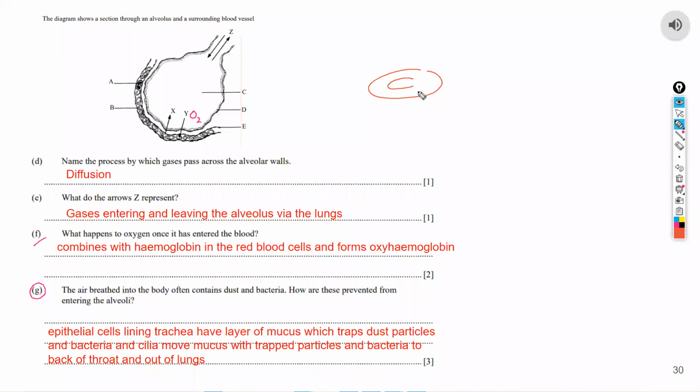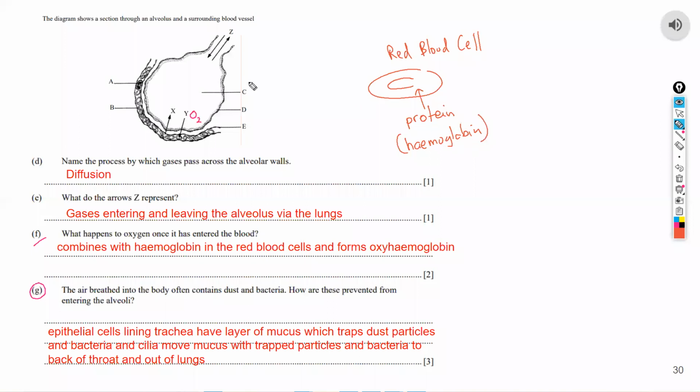And inside the red blood cell, and this is something we will discuss in detail in another topic, the red blood cells contain a very special protein. The name of that protein is hemoglobin, H-A-E-M-O-G-L-O-B-I-N.